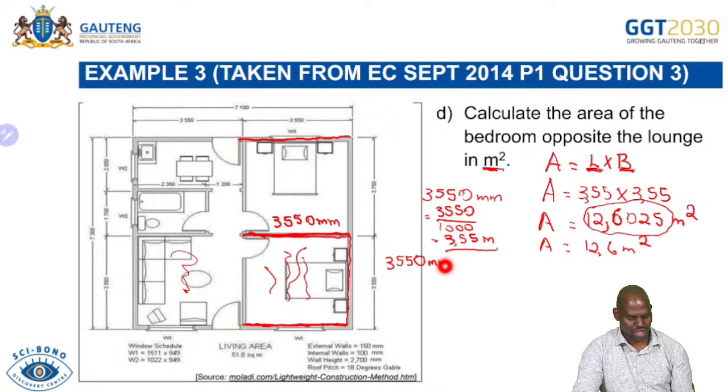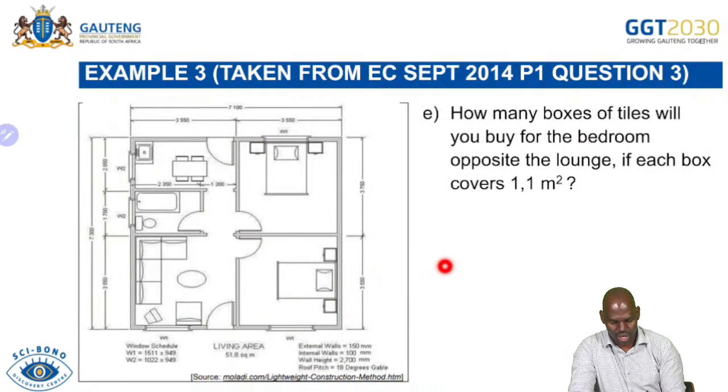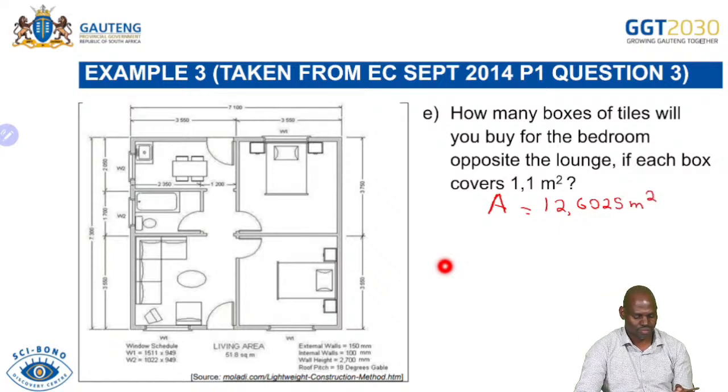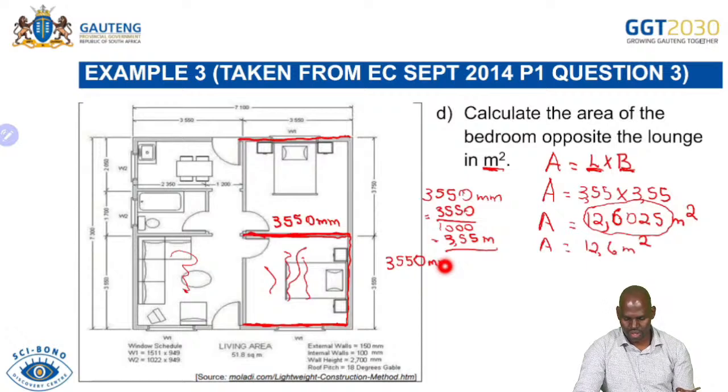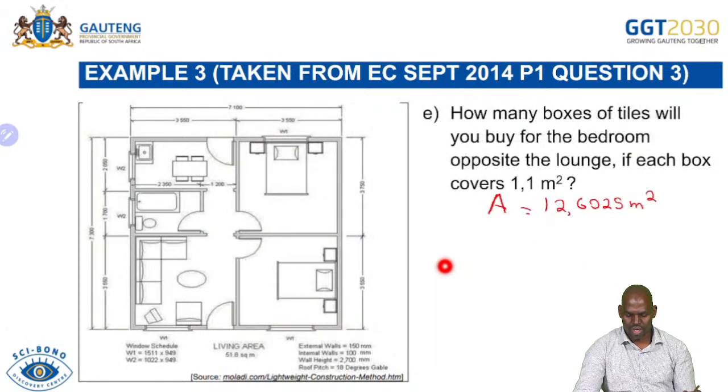So let me just write down the area. The area of the bedroom is 12.6025 square meters. Then they say, how many boxes of tiles will you buy for the bedroom opposite the lounge if each box covers 1.1 square meters?